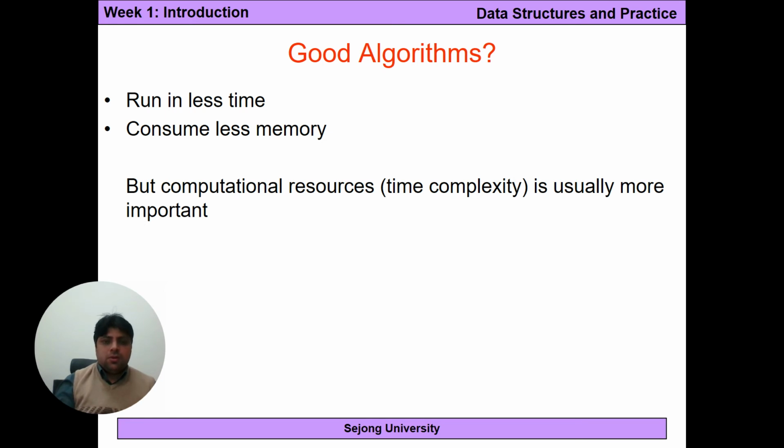Memory, you can see that memory is increasing with the passage of time. Before, if we talk about USBs, they were only some MBs. Now we are having USBs of GBs, even TBs. So memory matters, but it does not matter so much. The main thing is the time. But computational resources, time complexity is usually more important.